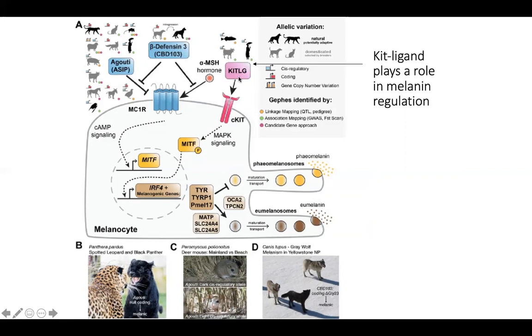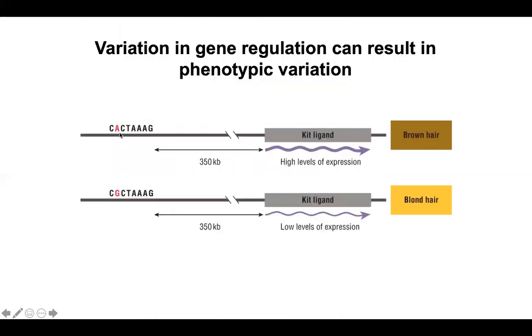KIT ligand is an additional pathway that also impacts the same mechanism downstream. And so if KIT ligand is expressed at a higher level, then we're seeing more eumelanin being deposited. And if KIT ligand is expressed at a lower level, we are seeing more pheomelanin being deposited. And again, this is not a change in KIT ligand itself, but just in the regulatory regions that lie upstream of KIT ligand.